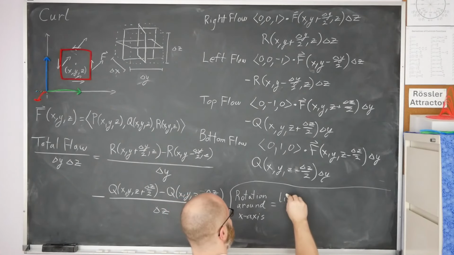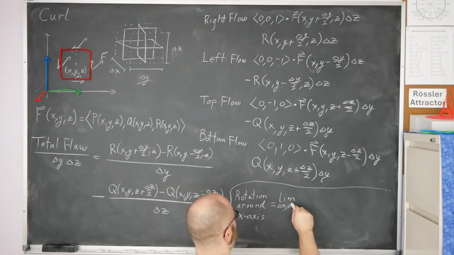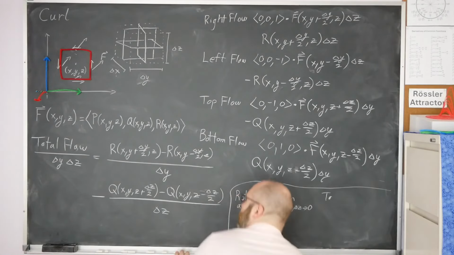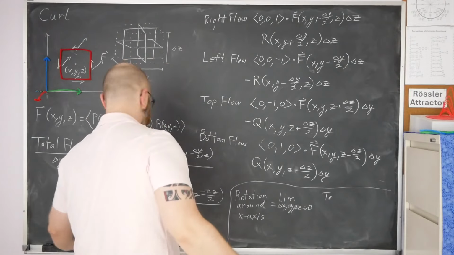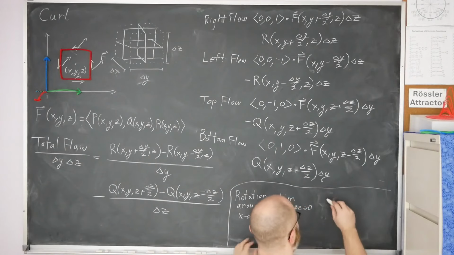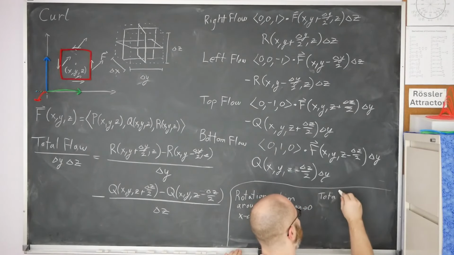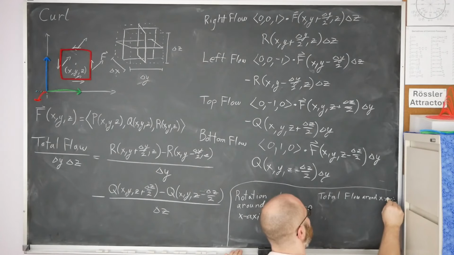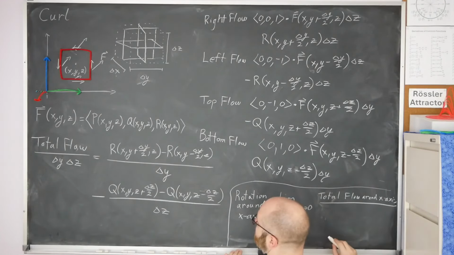It's going to equal the limit as delta y, delta z goes to 0 of the total flow around the x-axis over delta y delta z.